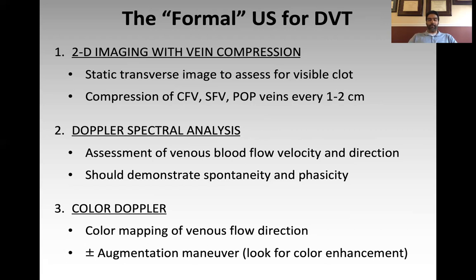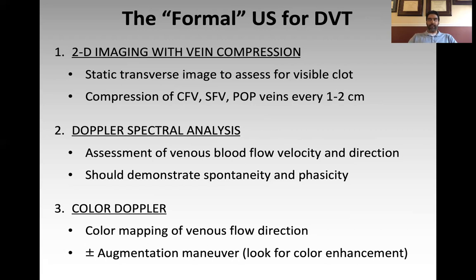They also do a Doppler spectral analysis, trying to demonstrate blood flow velocity and direction, and to identify spontaneity and phasicity of venous flow. And finally, you get color Doppler, which is done to do mapping of venous flow and direction.